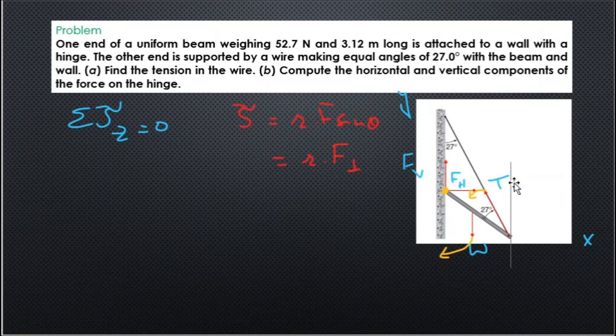I have drawn a perpendicular line to that end of my uniform beam which is attached by a string. Now, if this string is making an angle of 27 degree with this vertical wall, then the angle made by the string with that horizontal line would be equal to 27 degree.